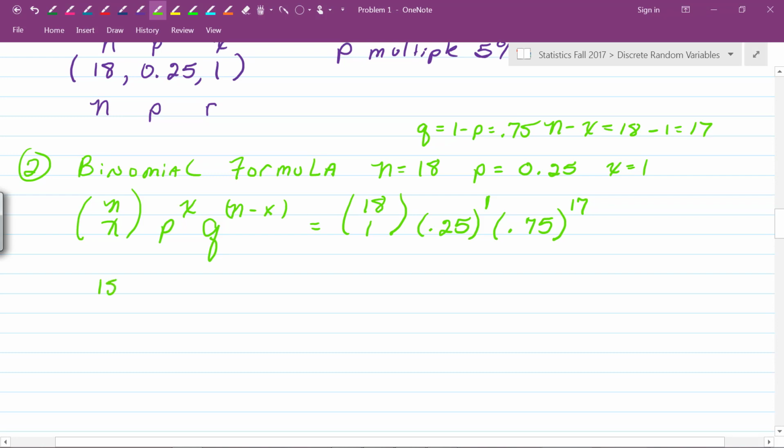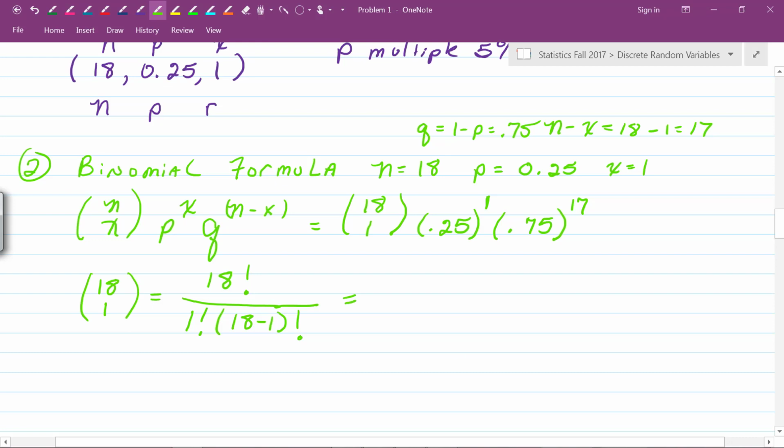So 18 choose 1 is equal to 18 factorial divided by 1 factorial times 18 minus 1 factorial, okay?